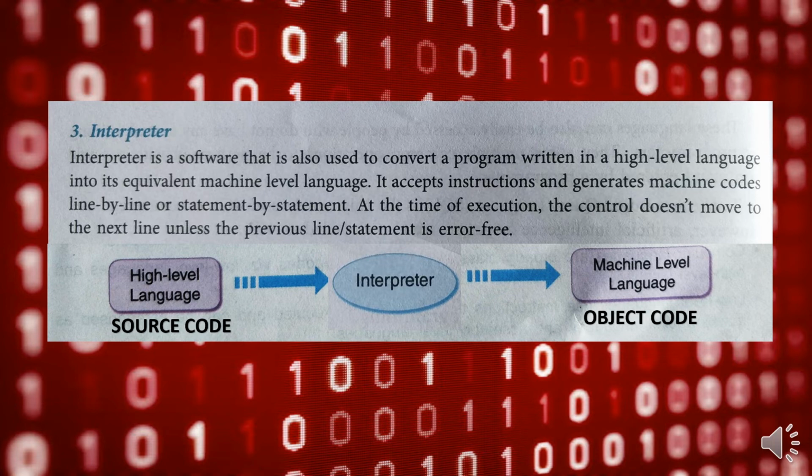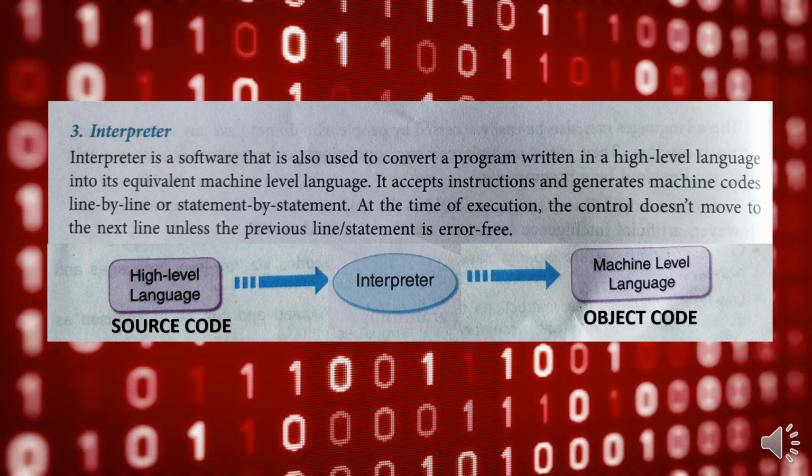At the time of execution, the control does not move to the next line unless the previous line or statement is error free. Dear students, the translation of each statement of the source program is done by the interpreter into machine code, and it executes it immediately before moving on to the next line.